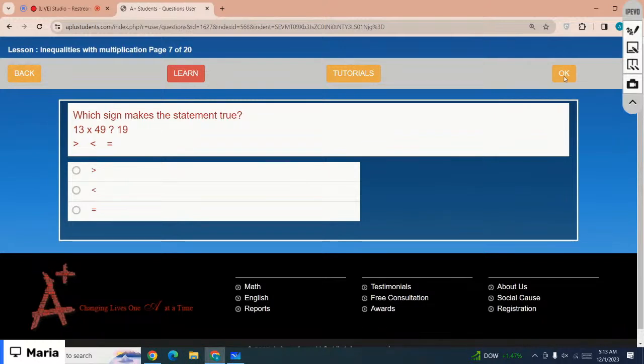Okay, 13 times 49, you have to compare it to 19. You can see both the numbers are two digit numbers, right? So their product will be a four digit number, right? That is way too greater than 19.